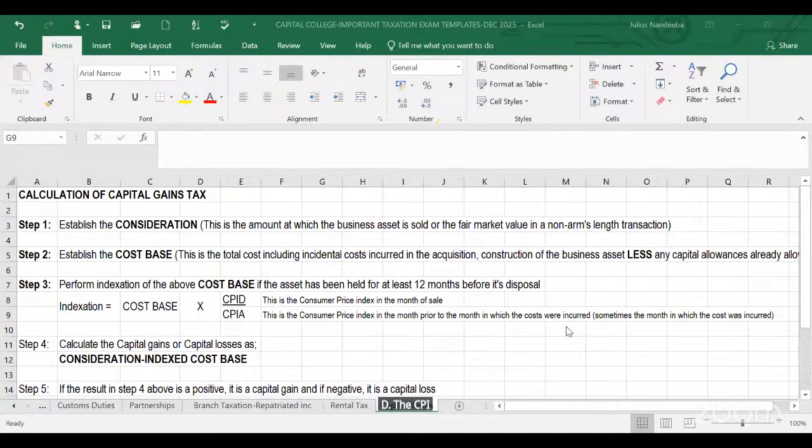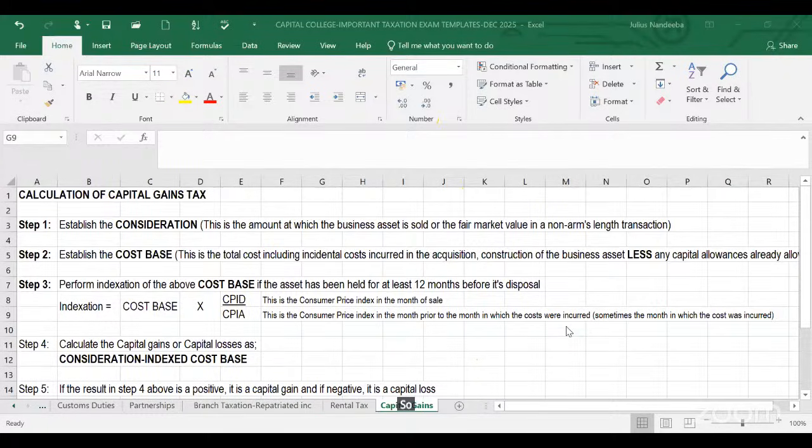The CPIA is the consumer price index in the month prior to the month in which I actually incurred the cost. That's why they say CPIA is the consumer price index in the month prior to the month in which the costs were incurred. And sometimes the examiner gives you the CPIA in the very month when the costs were incurred.